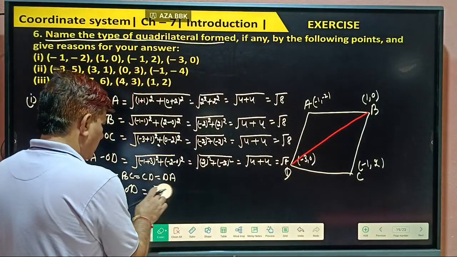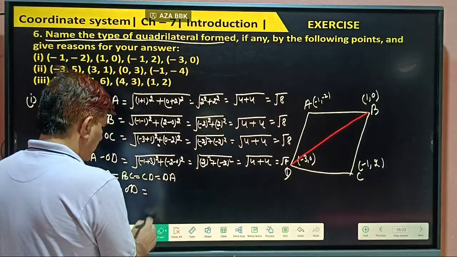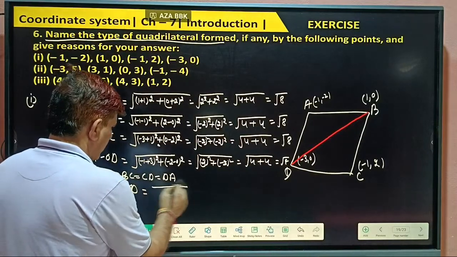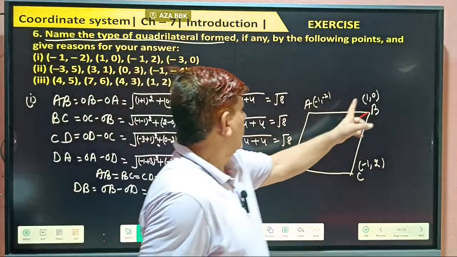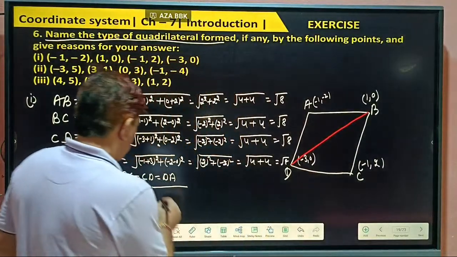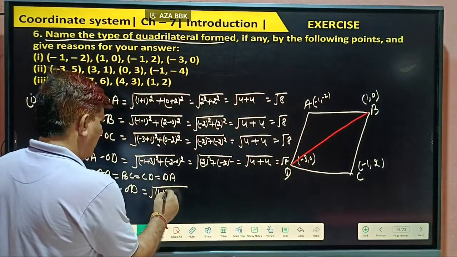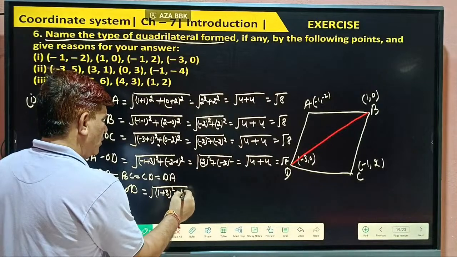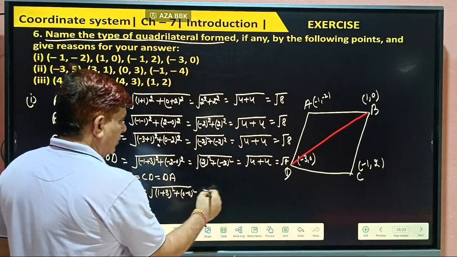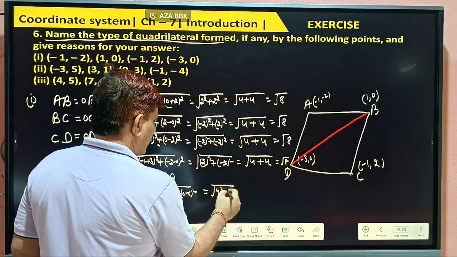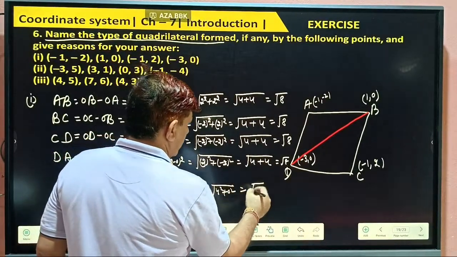So 1 plus 3 square plus 0 minus 0 whole square equals 4 square plus 0 square, which is root 16.